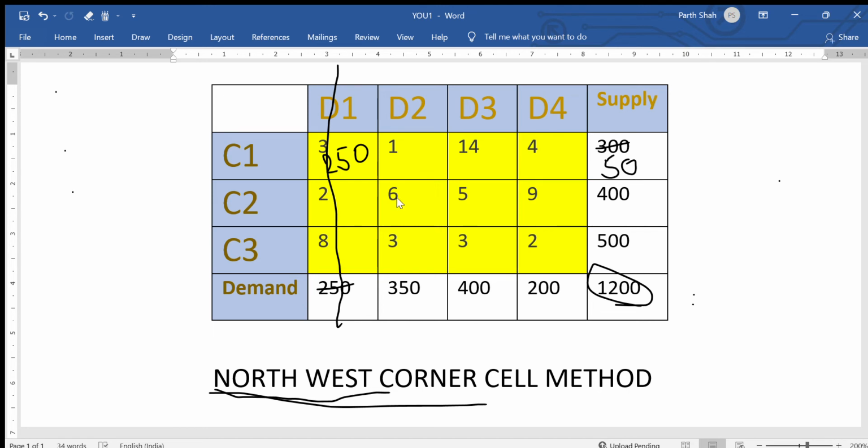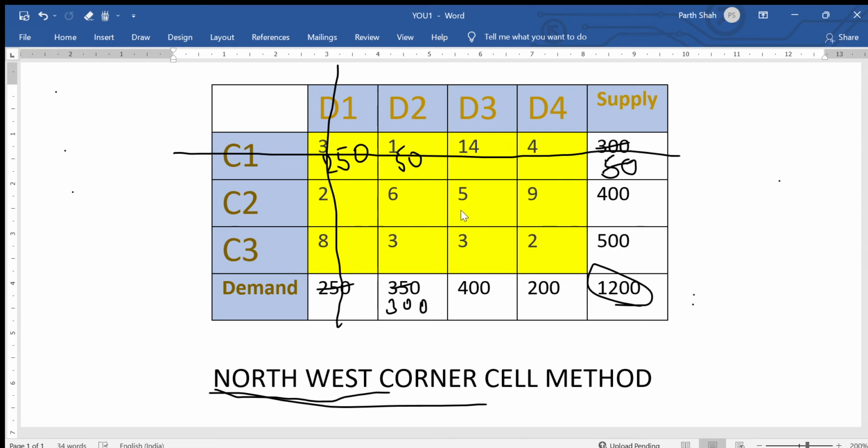It has a demand of 350 and a supply of 50. So the 50 will be exhausted, and 350 minus 50 leaves 300 units remaining. The allocation of 50 is done. Now, as company 1 has no supply left, the balance being 0, we cancel the entire row.